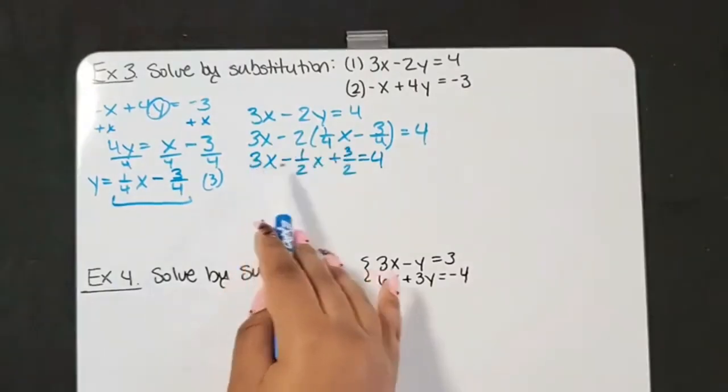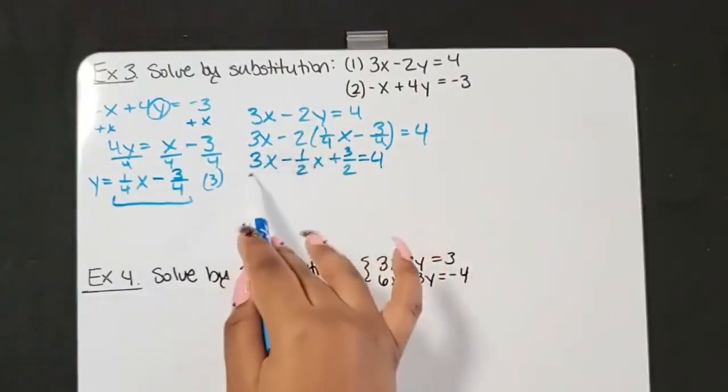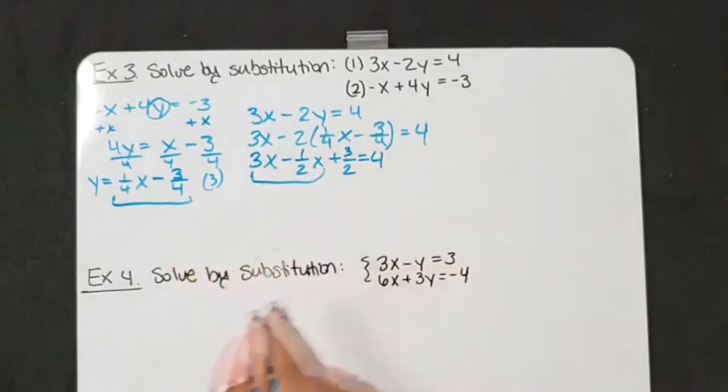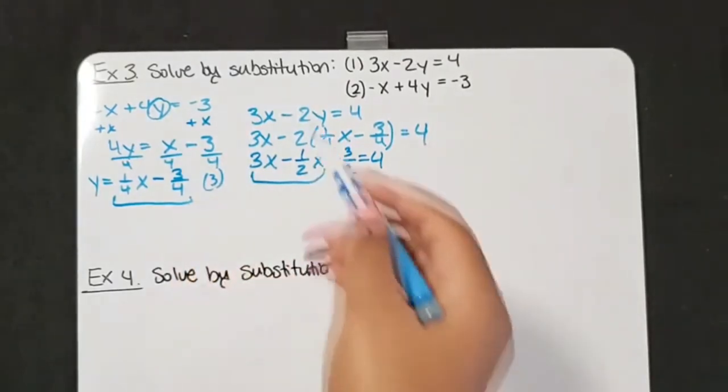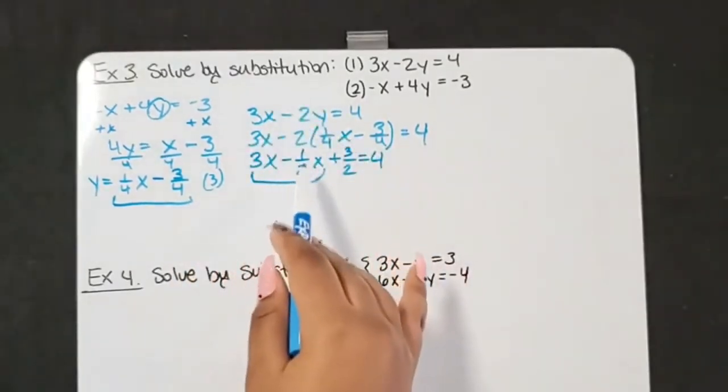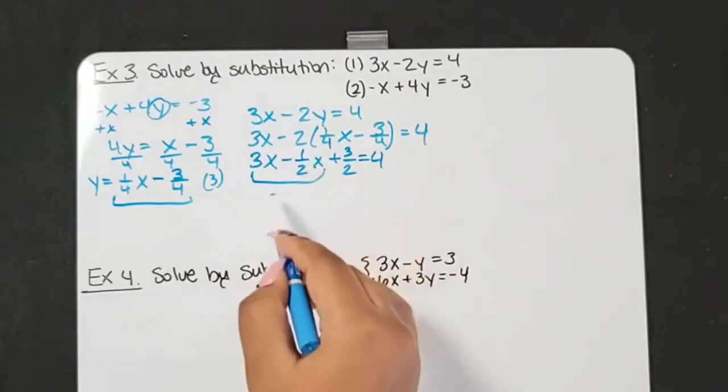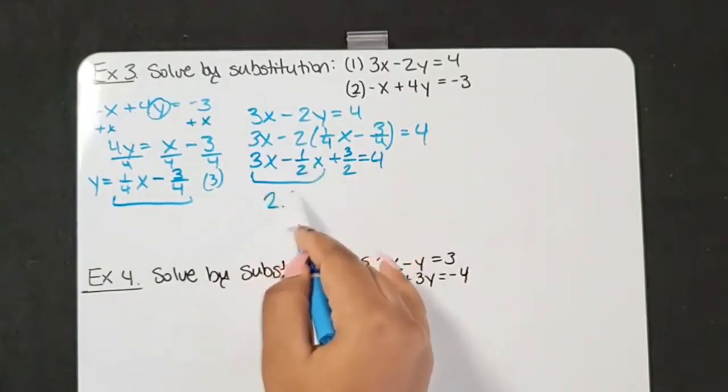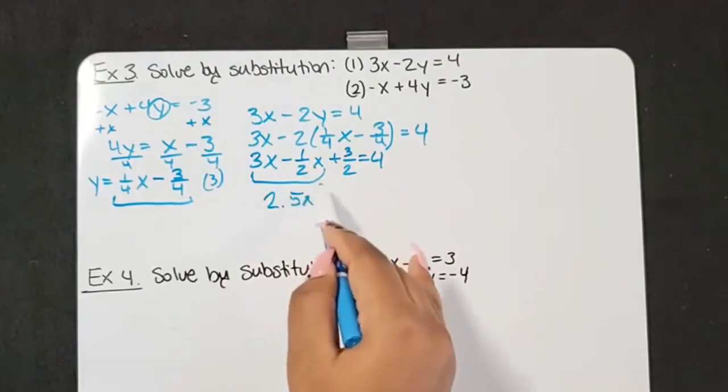Now we need to combine the like terms. So 3x minus 1/2 x is 2.5x.